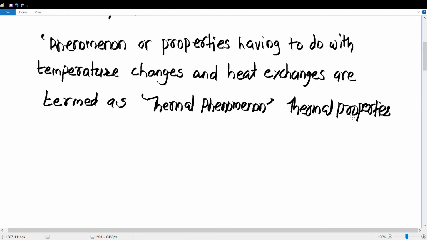So the phenomenon or the properties which deal with the changes in temperature and with the heat exchanges are termed as the thermal phenomena.